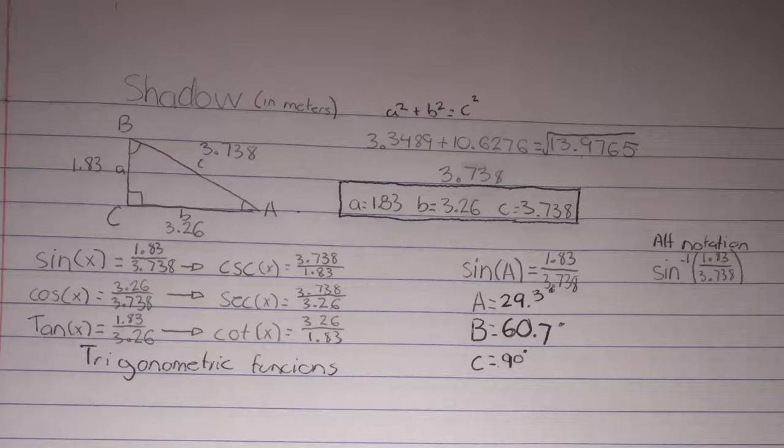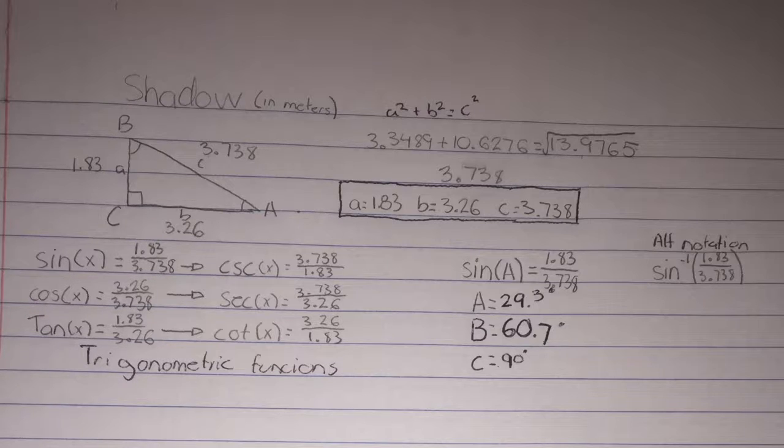Here we have a visual representation of our triangle that we got with all the measures. Now first you need to get the trigonometric functions with SOHCAHTOA. So here we have sin with its reciprocal, cos with its reciprocal, and tan with its reciprocal.